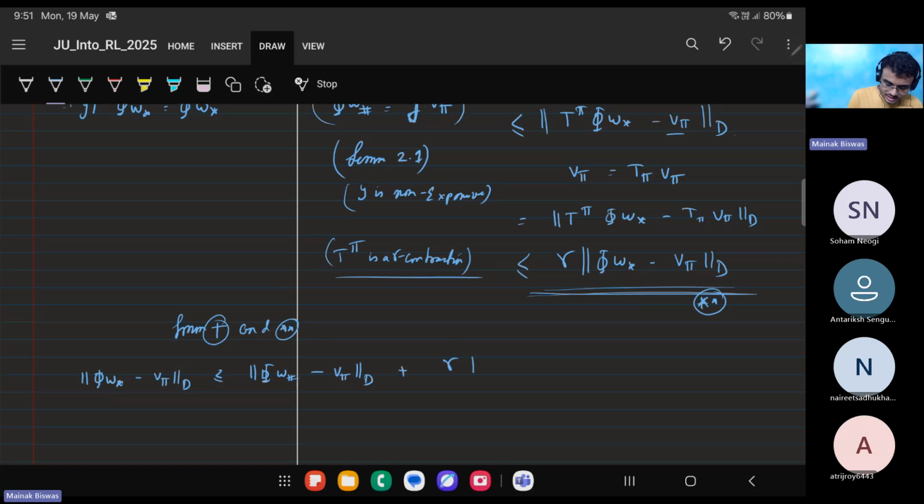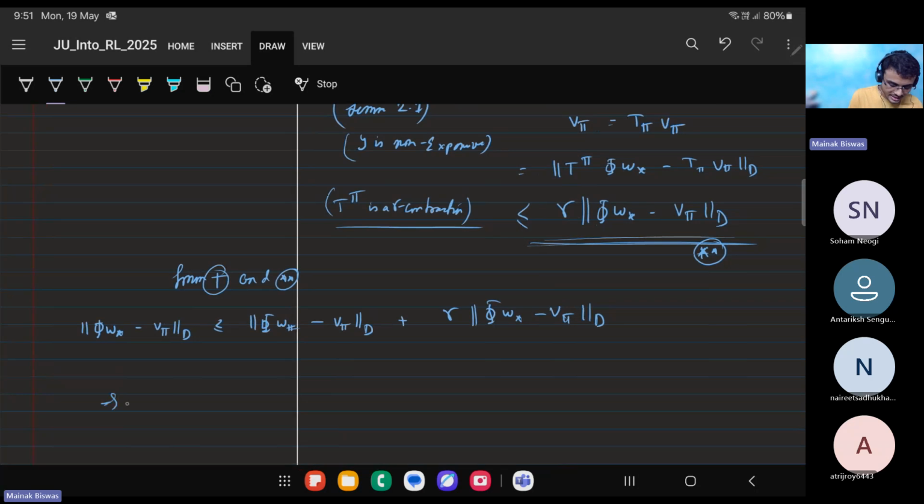I can write this as, okay. Hence I get W star minus V pi of D is less than 1 minus gamma V phi hash minus T pi. Okay.